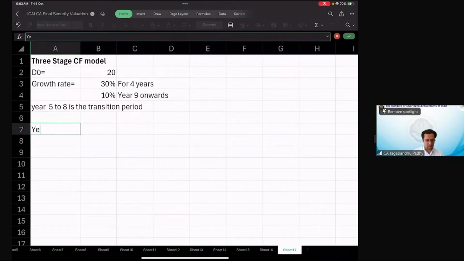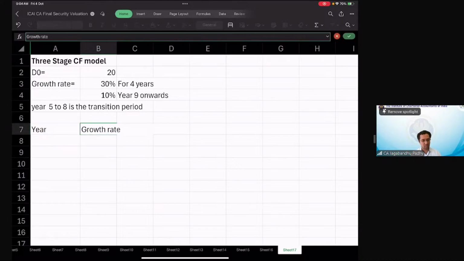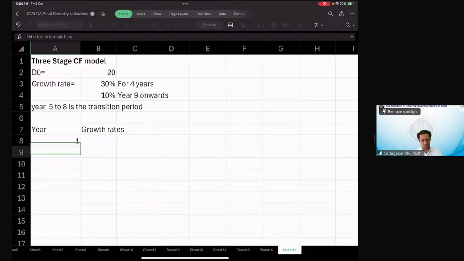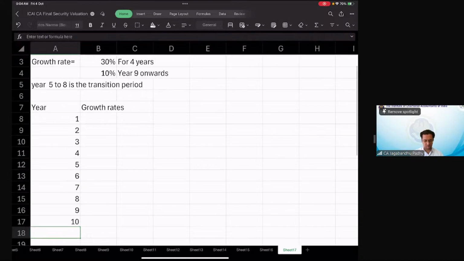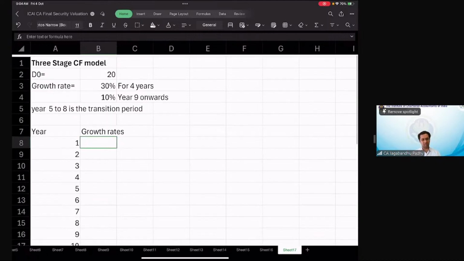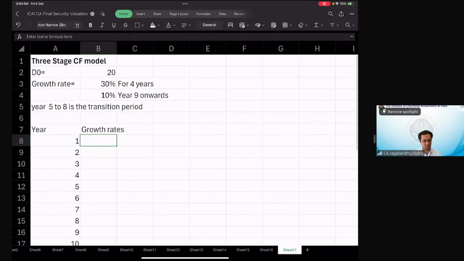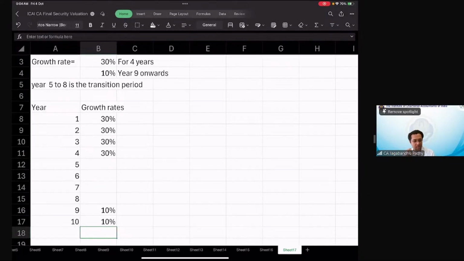If we write down the years and the growth rates, year 1, 2, 3, 4, 5, 6, 7, 8, 9, 10, 11. First year, you observe a growth rate of 30%. Second year, also 30%. So this goes on. And it has to be linear.